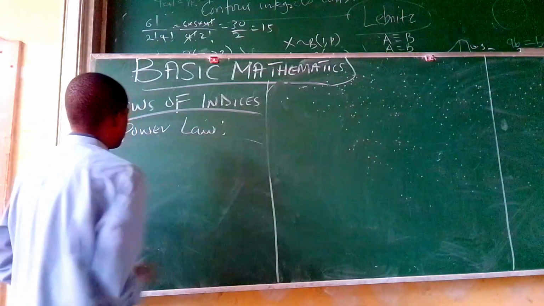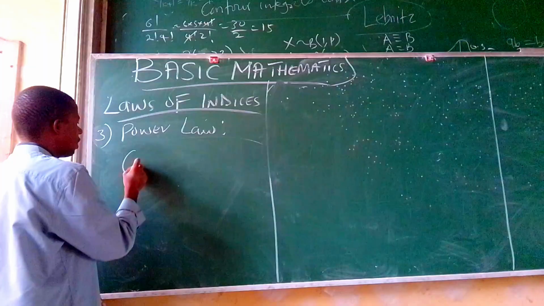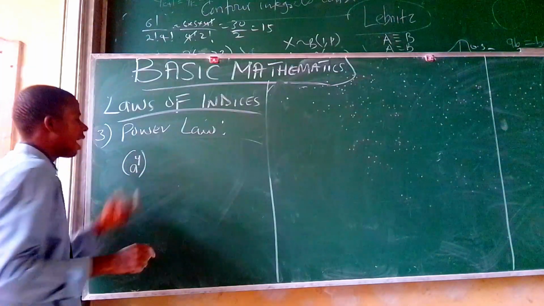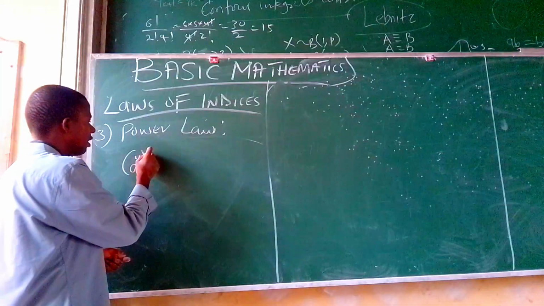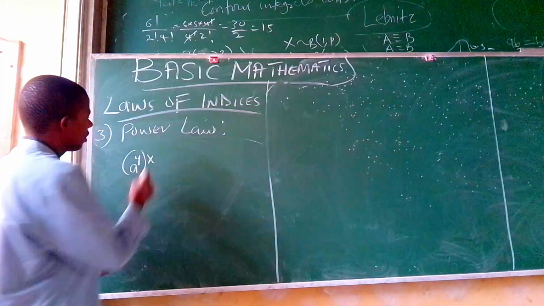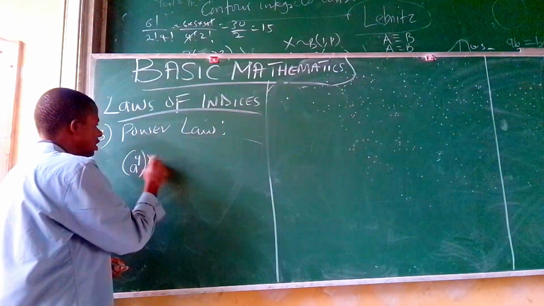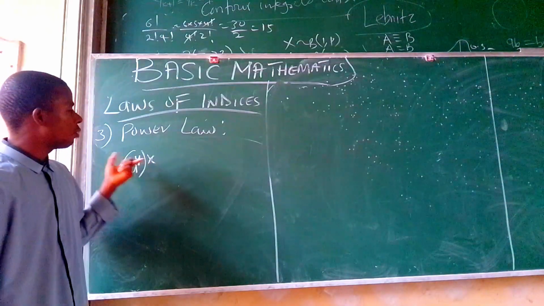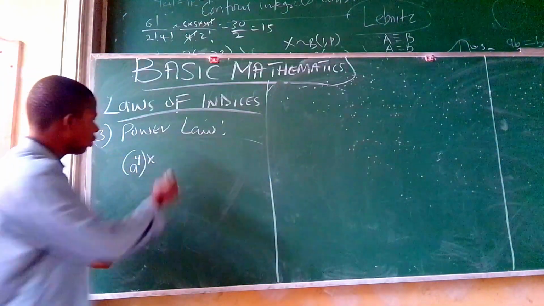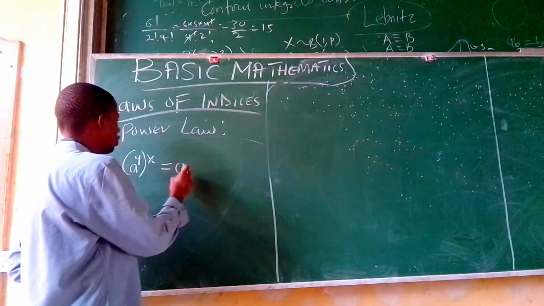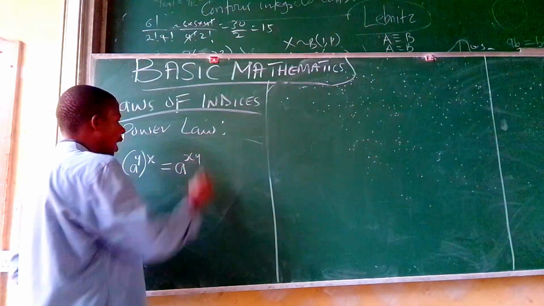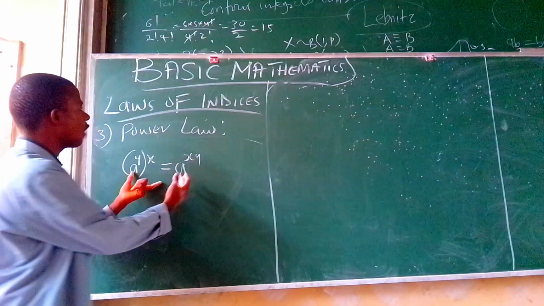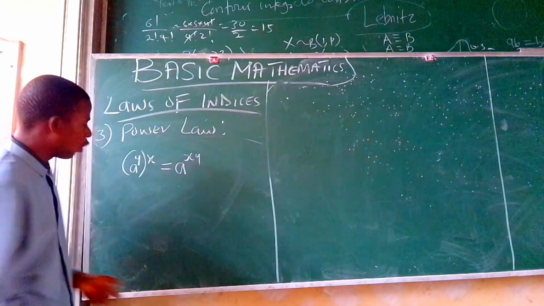By the power law of indices, if you have a base a raised to the power y, and that power is raised to another power, let me say x, the powers multiply themselves. So we are going to have a raised to the power of x times y, which is xy. So this is the formula for the power law of indices. Let's look at an example.